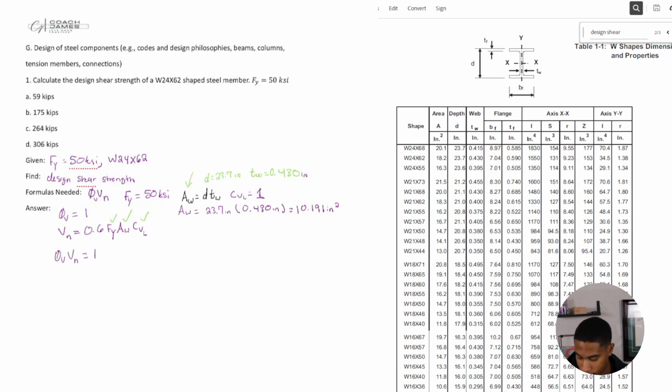That's phi sub v, and then multiplied by v sub n, which is all multiplied by 0.6 times my 50 kips per square inch times my 10.191 inches squared times what else? 1, and then that should be everything.